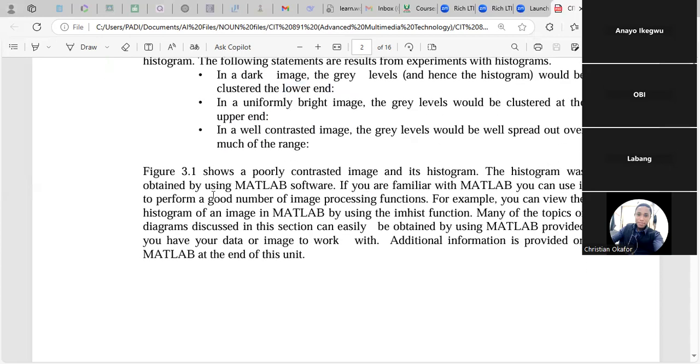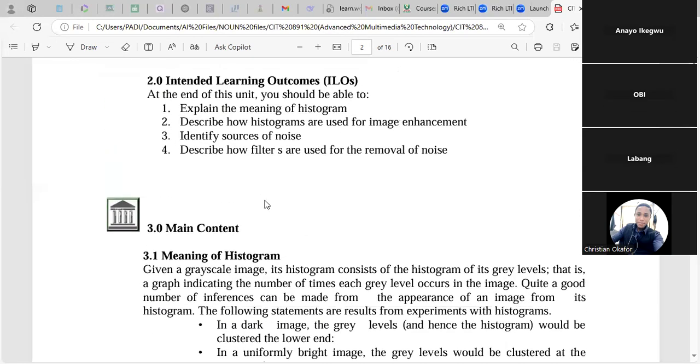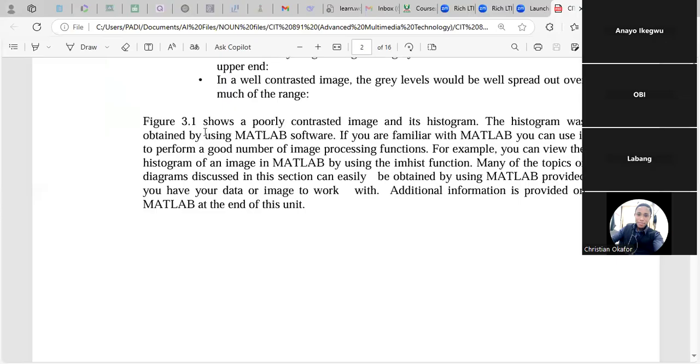All right. Then we looked at Figure 3.1, which shows a poorly contrasted image and its histogram, how it is charted or graphically represented. That is the histogram level. The histogram was obtained by using MATLAB software. If you are familiar with MATLAB, you can use it to perform a good number of image processing functions.